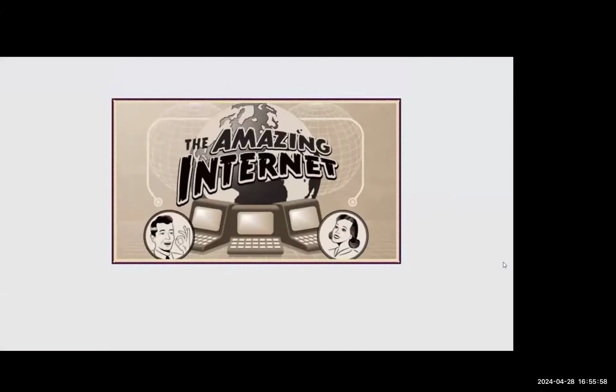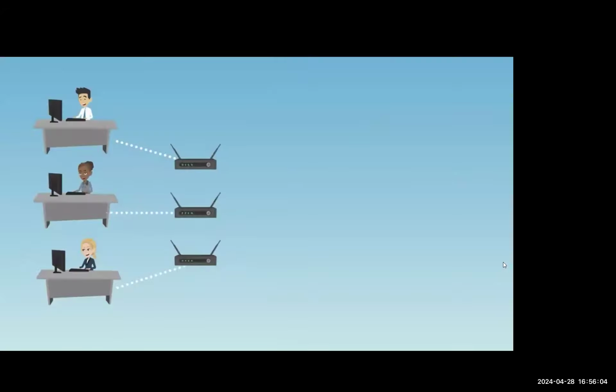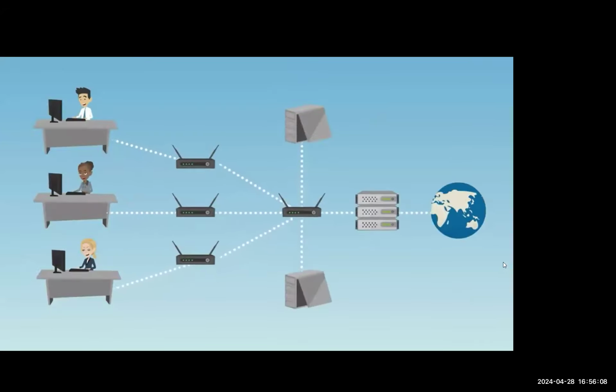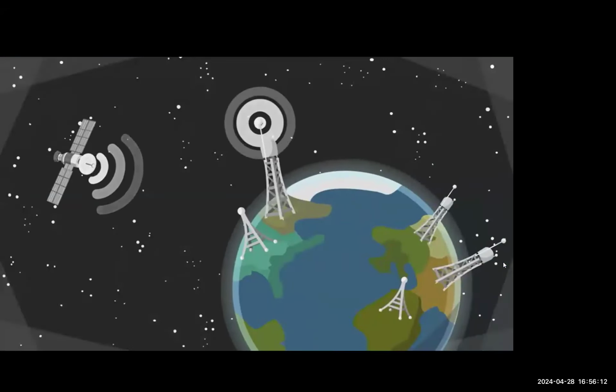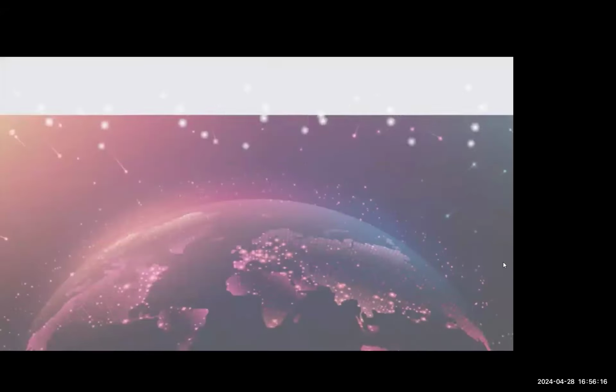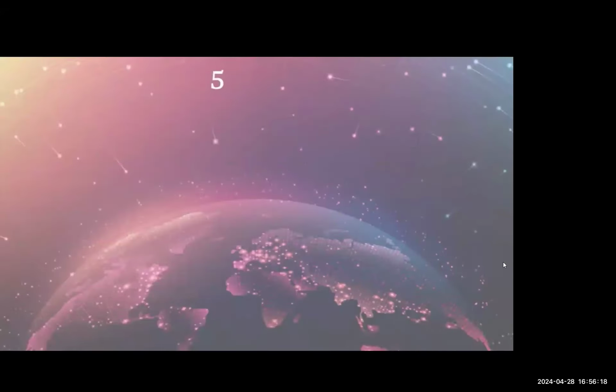Though it took some time to get here, the official birth of the Internet was January 1st, 1983, and it quickly went on to become a global commercial network in the 1990s, spanning the world and even reaching out to space. Today, the Internet is used by almost 5 billion people worldwide.